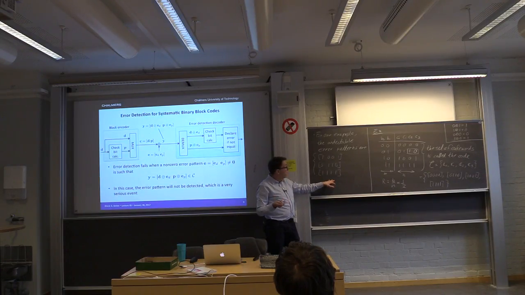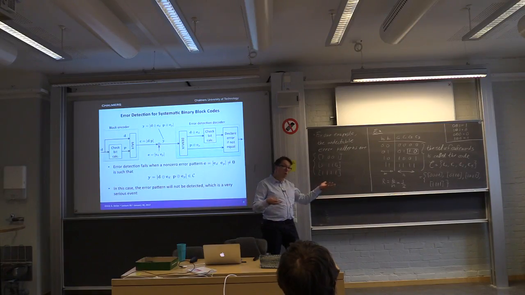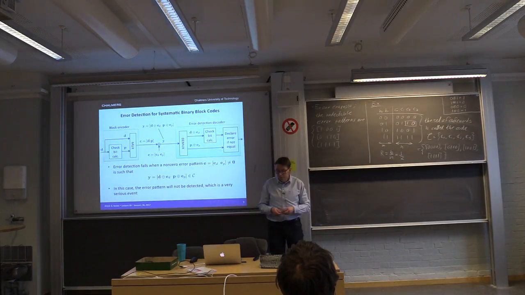An error pattern with just one error is more likely than one with two. You agree? Because errors occur, hopefully, not so often, right? So we should formalize this a little bit, but that's basically what we're looking for. We're looking for codes where the undetectable error patterns are unlikely to happen. Then we will not have so big problems with this.